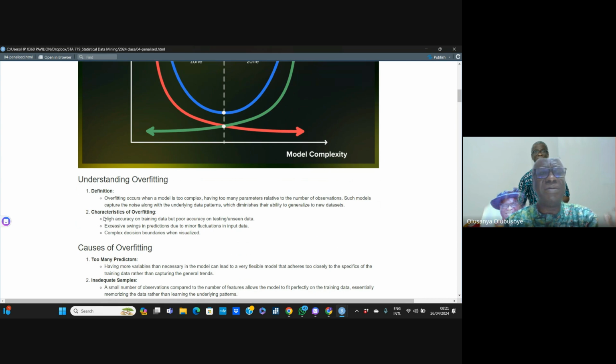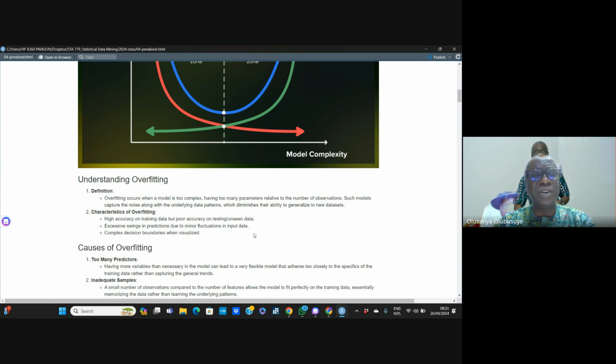So these are the characteristics of overfitting. One, you have high accuracy in the training data set. You remember we split the data into training and test data sets. So the model will have high accuracy in the training data set, but poor accuracy in the testing or new data set.